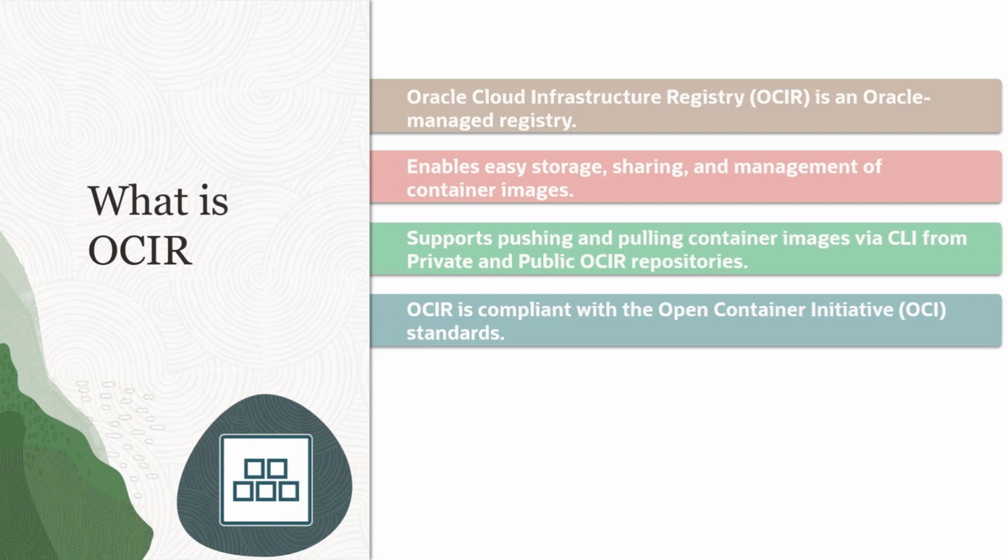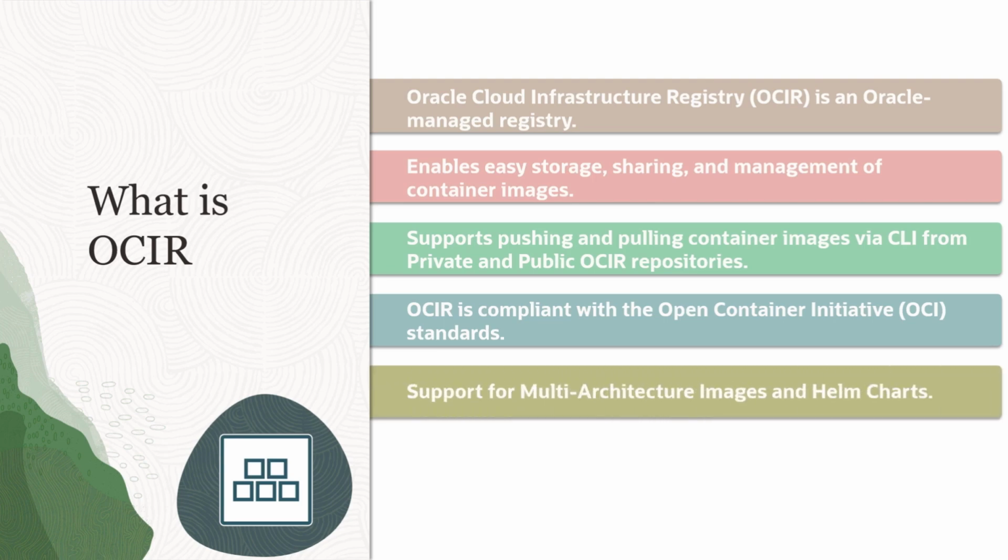What sets OCIR apart is its compliance with the Open Container Initiative standards, allowing the storage of container images conforming to the OCI specifications. It goes a step further by supporting manifest lists, sometimes known as multi-architecture images, accommodating diverse architectures like ARM and AMD64.